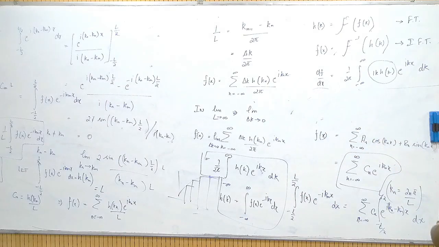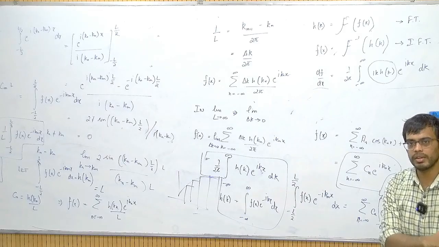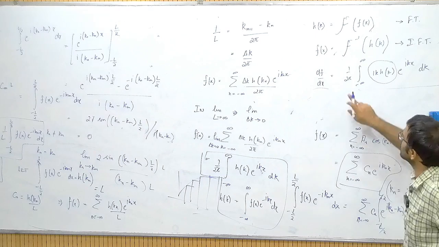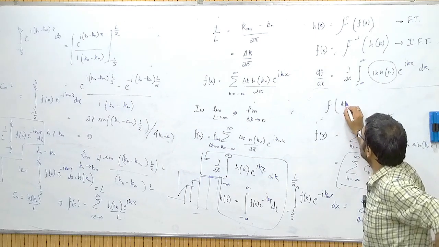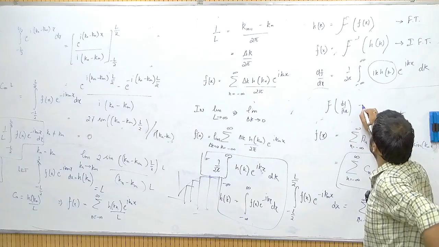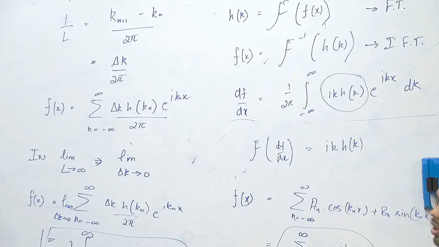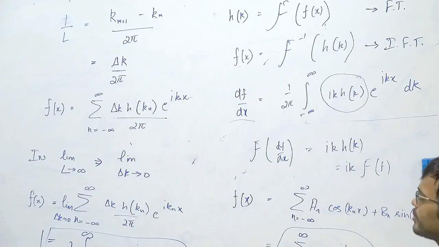Very similar to what you have in the Laplace transform, where the Laplace transform of the derivative is simply s times the Laplace transform of the function. So, the Fourier transform of df over dx is essentially i k h of k, or i k times the Fourier transform of f.